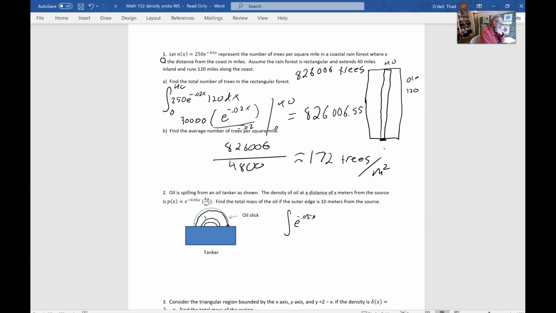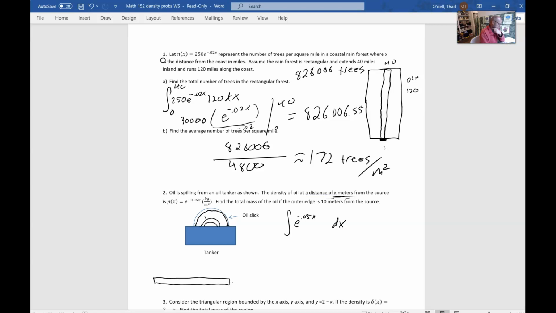The thickness of those strips is just a little change in radius, so we put a little dr out here. The density of oil is at a distance x meters, so actually x is the radius, so we'll just call that dx then. That'll work because that x is also the radius. And then the length of that little strip, it's really kind of like a rectangle if we stretch it out.